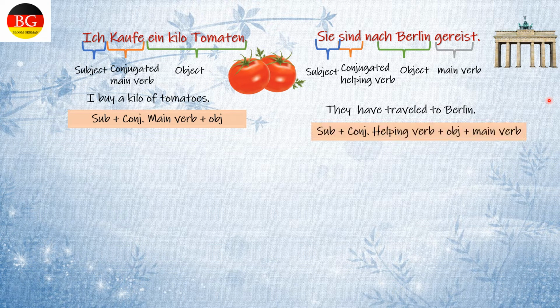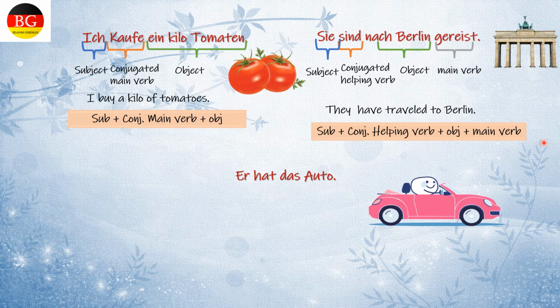Rule for the sentence is subject plus conjugated helping verb plus object plus main verb. Look at here. For the sentence, reisen is the main verb, and here we are using participle zwei form of reisen, that is gereist. Let's move on to our another example.